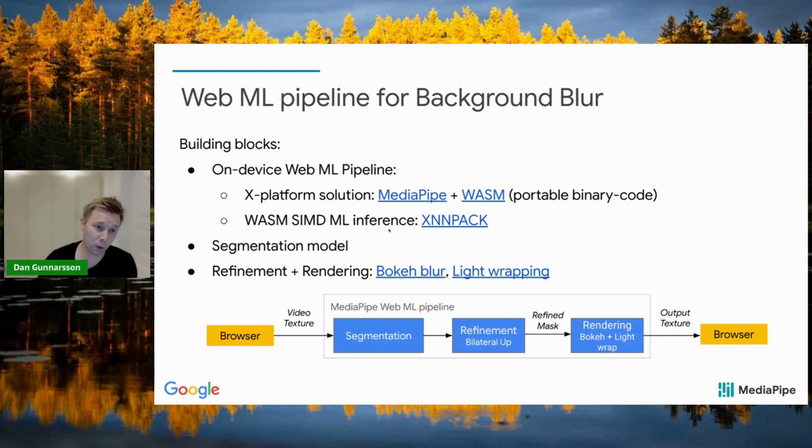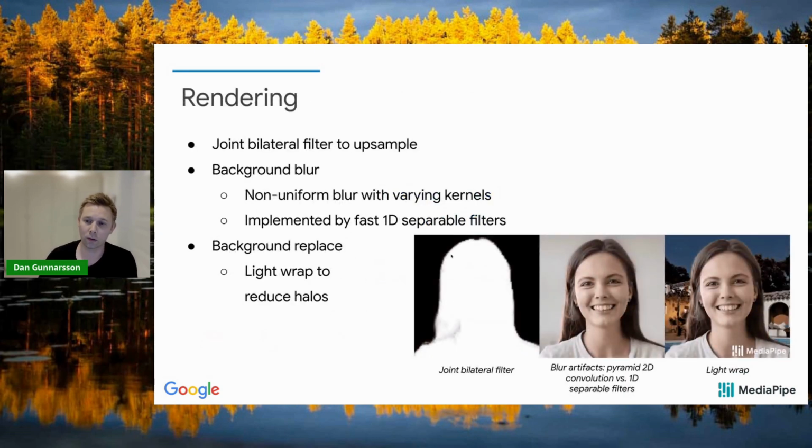For background blur specifically, we have a segmentation model that computes a foreground-background segmentation mask. And we then have a rendering step where we refine and render the image together. That looks something like this.